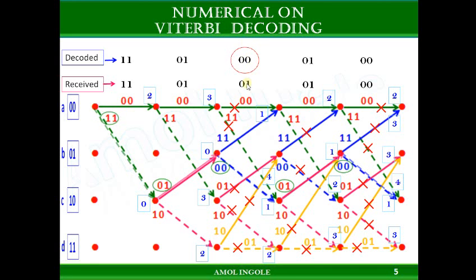So this is where the error occurred, and we could detect that error using the Viterbi decoding algorithm. Right? This is how you can follow the steps and find out the path. Okay, you can show that trace by using some zigzag line over this path. Right? Thank you.